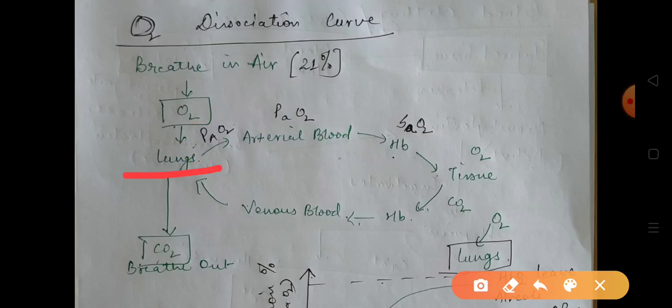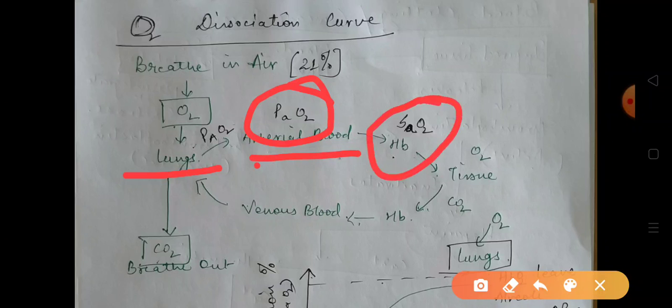Next is in the arteries. In the arteries blood is present, and this blood contains the oxygen because it has brought the blood from the alveoli, from the lungs. So here we denote it as PaO2, that means partial pressure of oxygen in the arteries. Now these arteries are carrying the hemoglobin, and hemoglobin is saturated with oxygen.